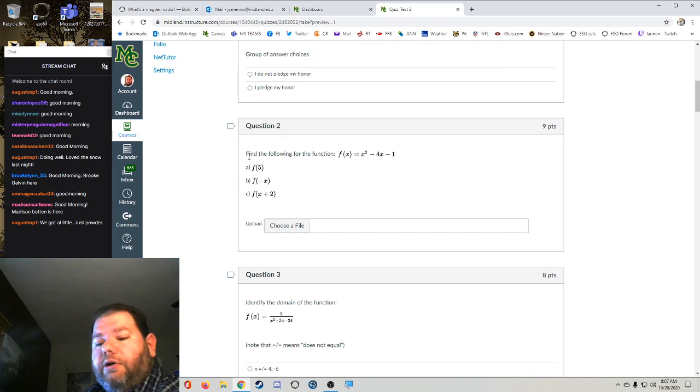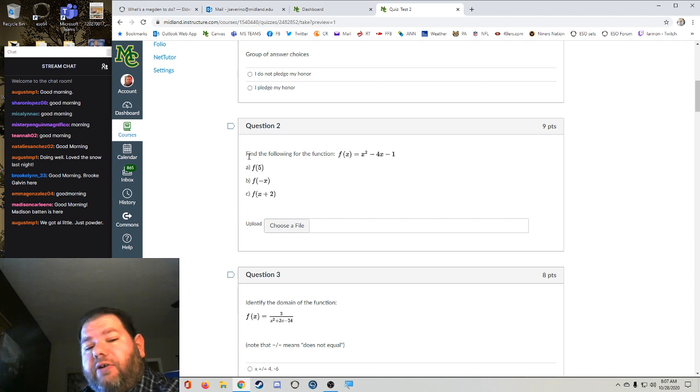On number two here, I know some were a little bit confused about the instructions. But again, we just wanted to plug in each of these three things into this function. That's all that we were doing there.